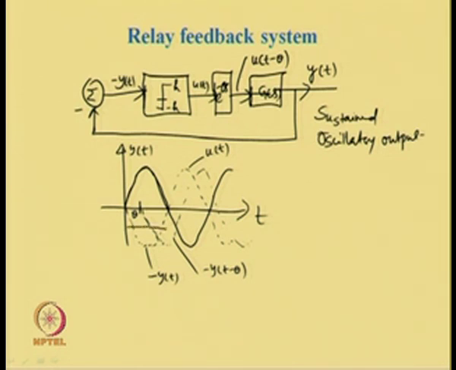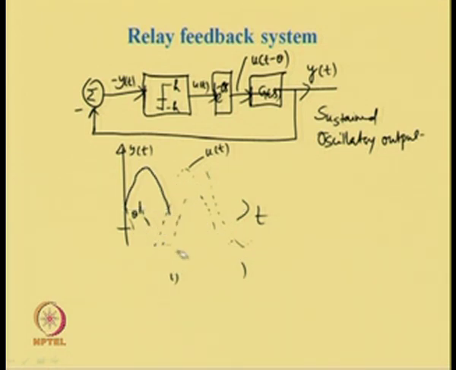So, earlier it was like this, and now due to the delay, the output of the relay will assume the form, so this is the time axis, this is the output of the relay with delayed input to the relay.